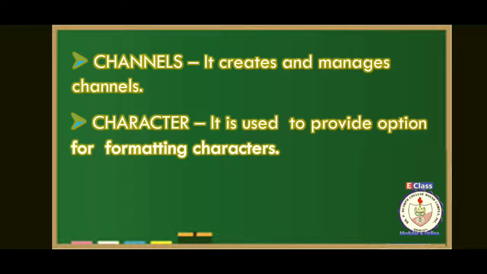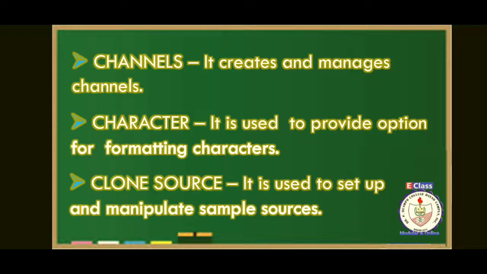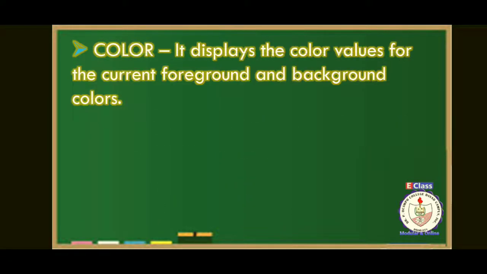Followed by Character. It is used to provide options for formatting characters. Next is Clone Source. It is used to set up and manipulate sample sources. Next, followed by Color.